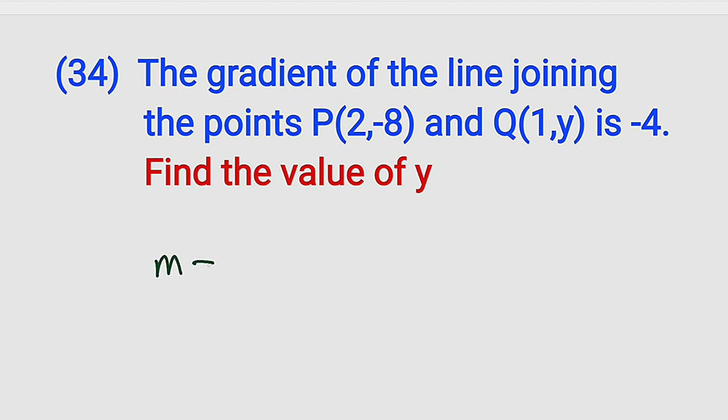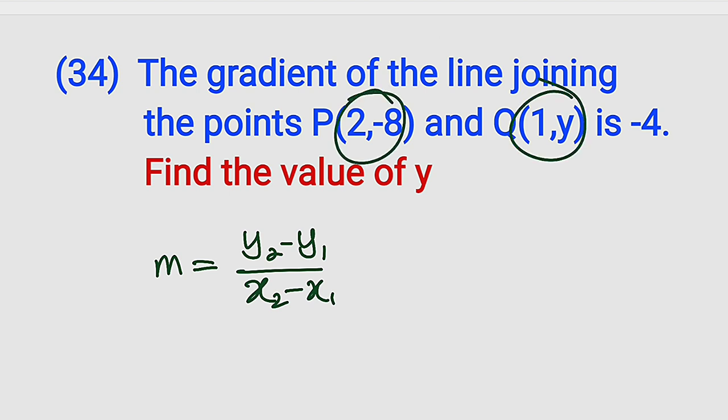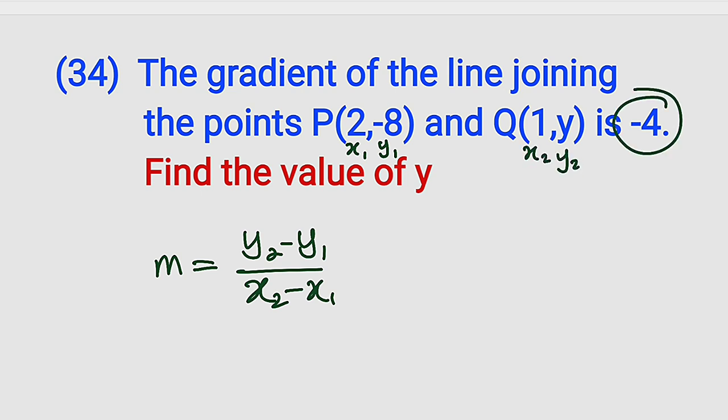M is equal to y2 minus y1 divided by x2 minus x1. So we have two coordinates. We may decide to start from either direction. So if we call this one x1 and this y1, this will be x2 and this is y2. So let's substitute, and this is our slope m.